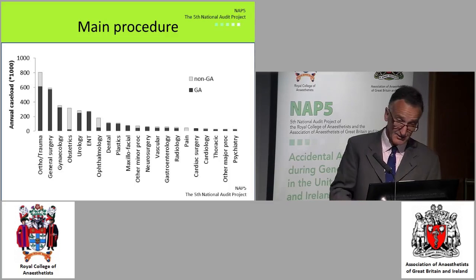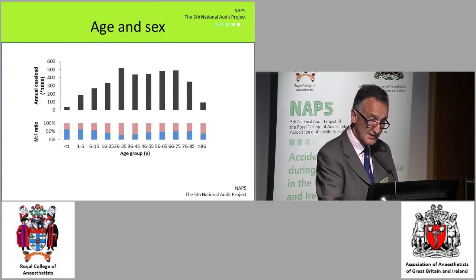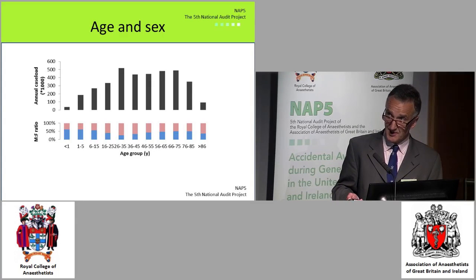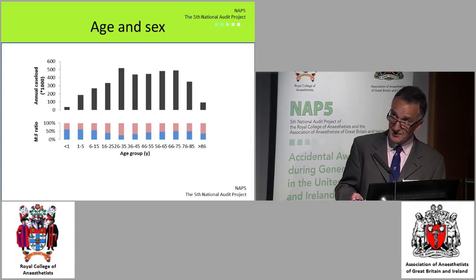And this is the range of cases that go on. This is the nicest slide. I took greatest pleasure out of creating this. These are the age groups here, and you can see the annual caseload according to age group. Here are the people in the prime of their life.